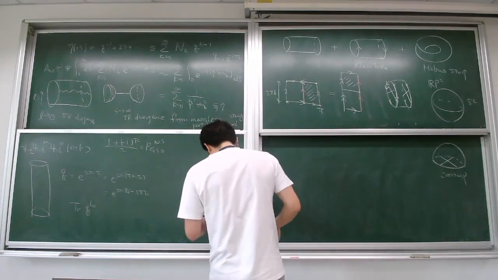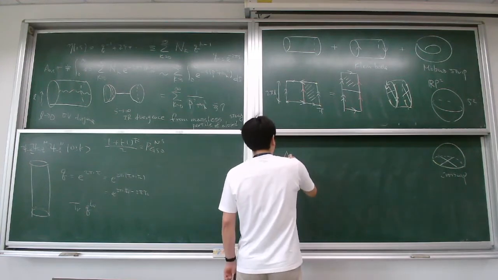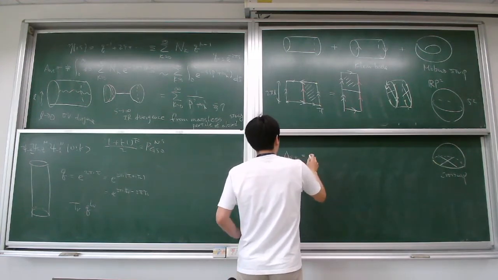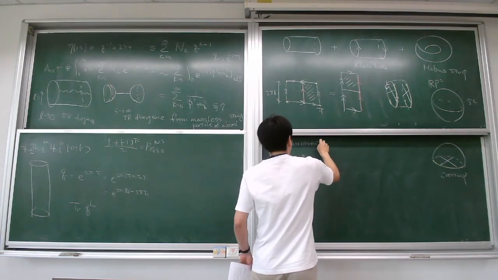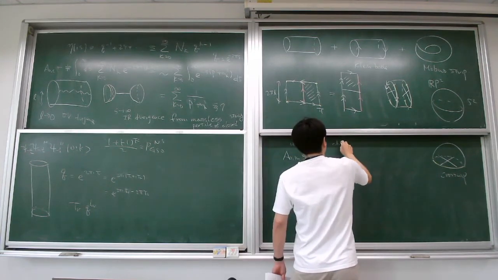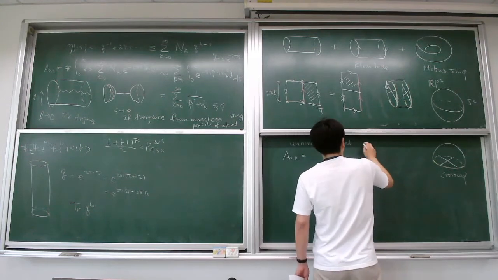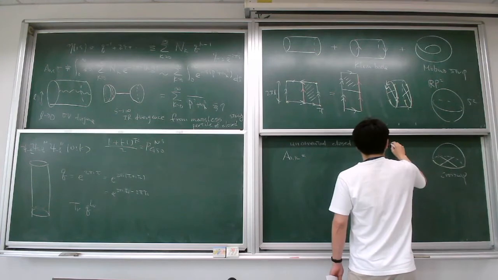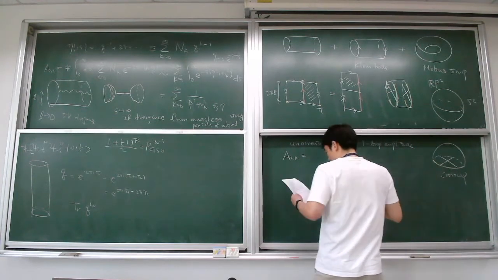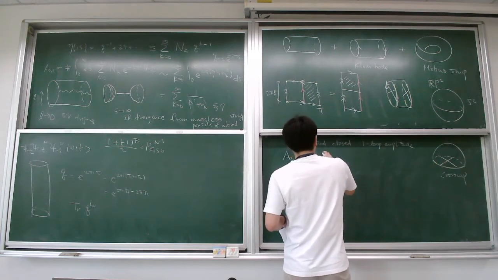So then this Klein bottle is the unoriented closed string one-loop amplitude. The amplitude can be written as an integral dl.